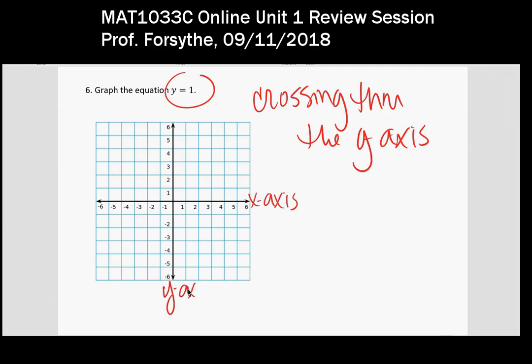This is your y-axis. So it's going to be crossing through the y-axis at 1. So it's going to be a horizontal line going through y equals 1. And that is going to be the graph of that equation.